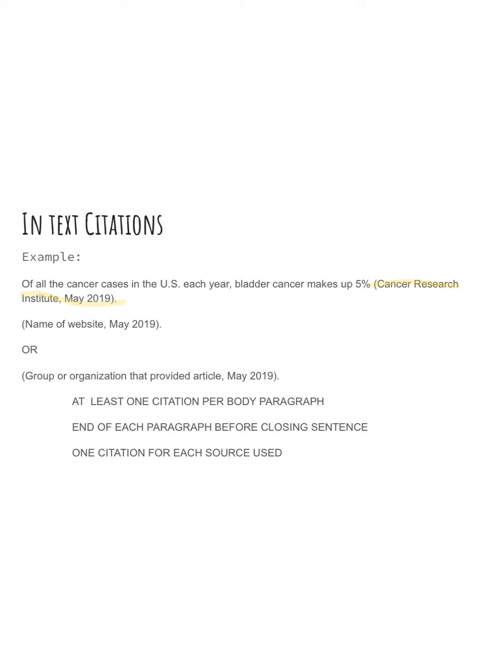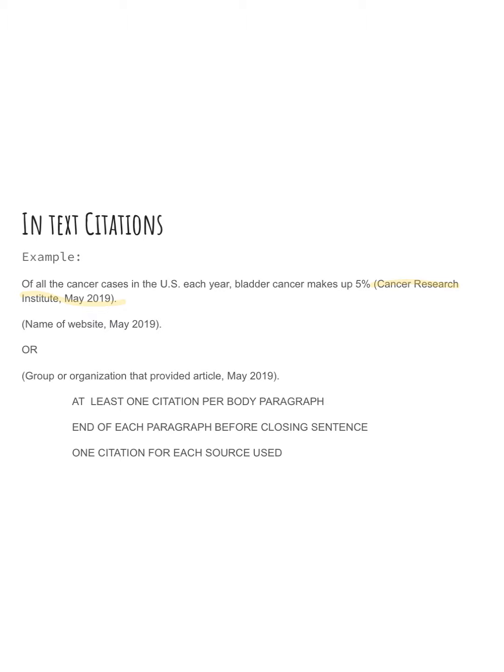So you will notice that I actually found this information in 2019. And so what that tells us is this information could be a little outdated, but as of 2019, that's the information that was found, okay? Notice I have in parentheses, name of website, comma, the month and year I found the information. And then notice how the period is outside of the parentheses, okay?